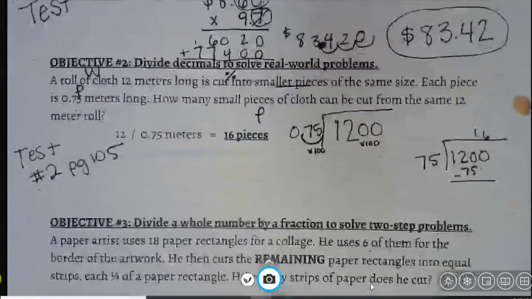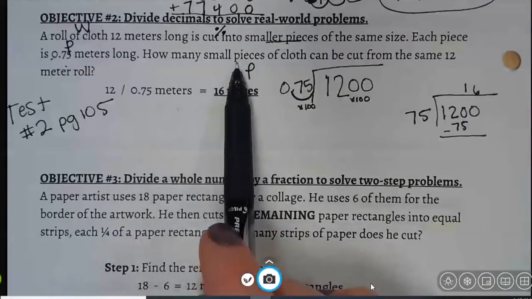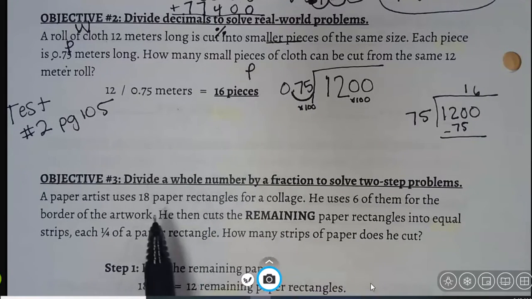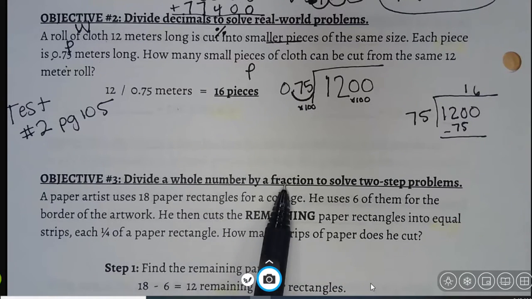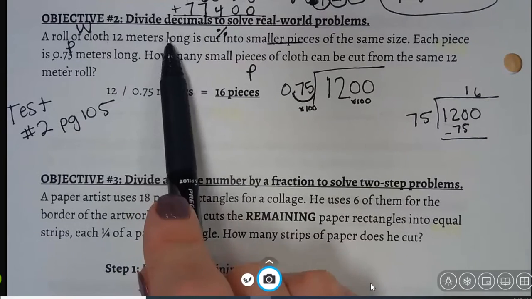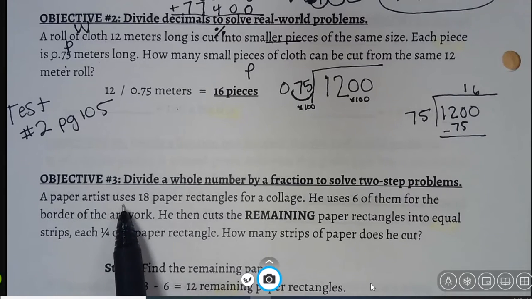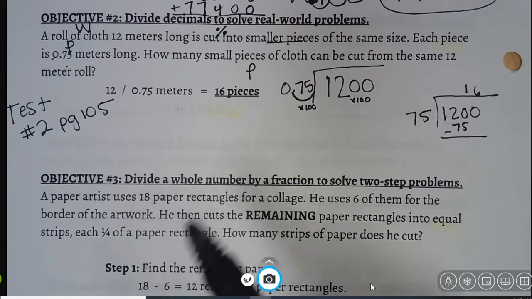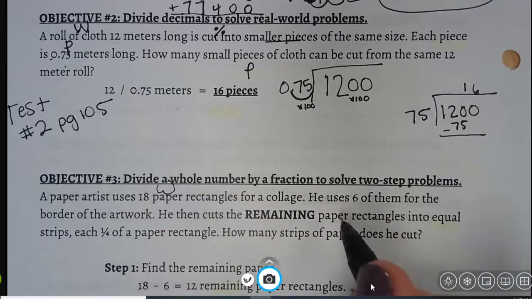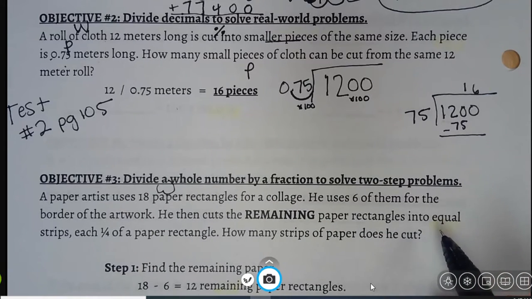Okay. This third objective is essentially the same as the second objective. It's just to divide a whole number by a fraction. So instead of a decimal, you're going to have a whole number and a fraction and solve 2-step problems. So you have a paper artist using 18 paper rectangles. So that's the whole. He uses 6 of them for the border of the artwork.